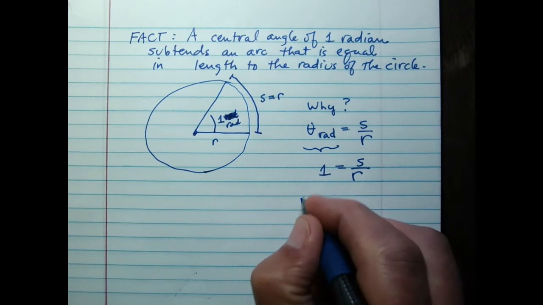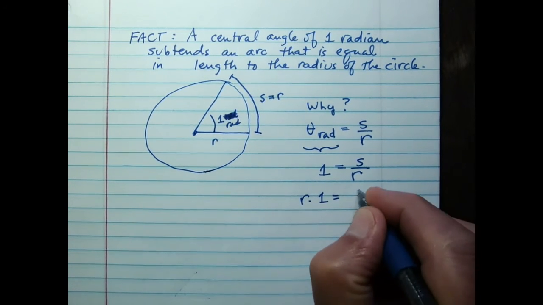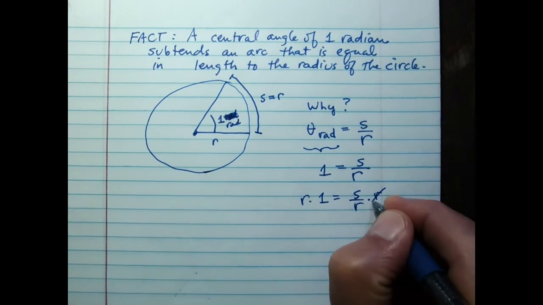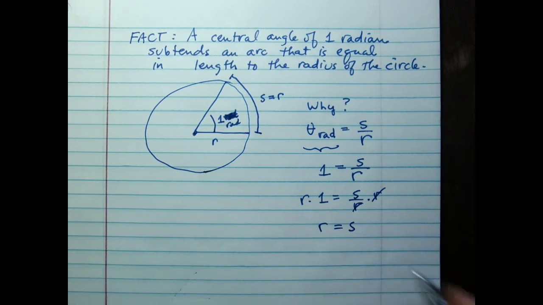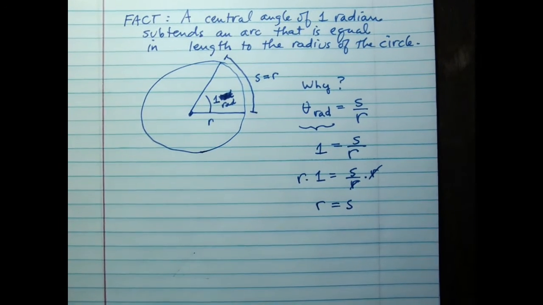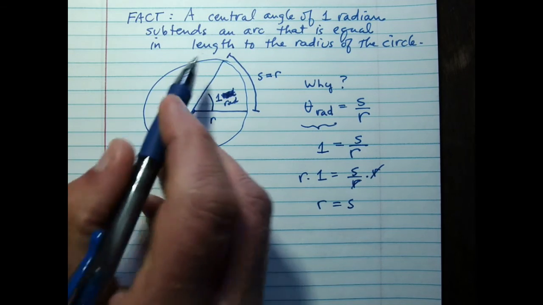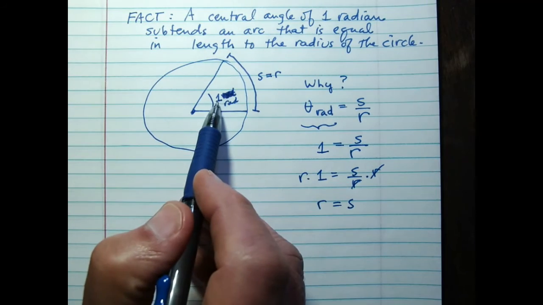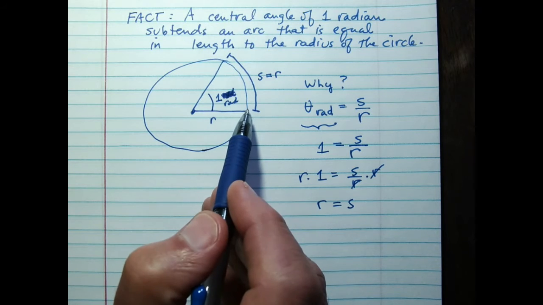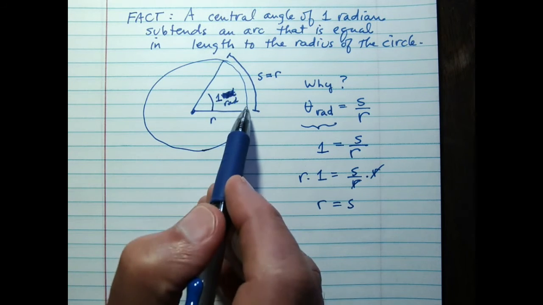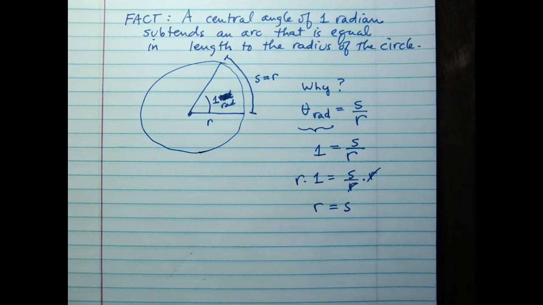Multiply both sides by r, it cancels, and you get r equals s. So we can actually verify that. So that's just an interesting fact. A central angle of 1 radian subtends an arc that is equal in length to the radius of the circle.